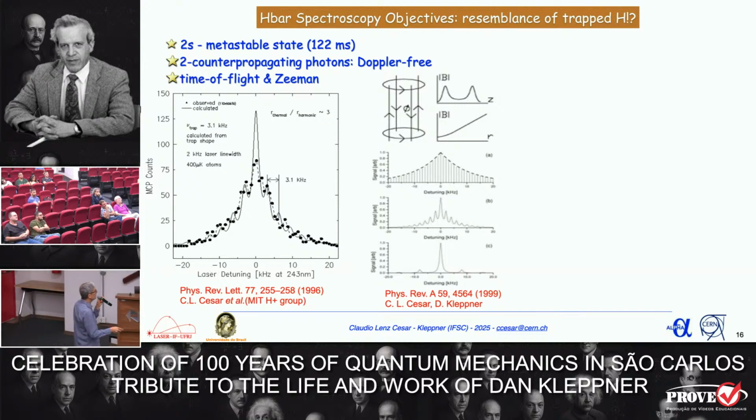And I'll tell you later about this theoretical paper with Kleppner, where we reinterpret the transit time broadening with a transfer of momentum, a transverse transfer of momentum when the atom crosses the laser beam, okay?